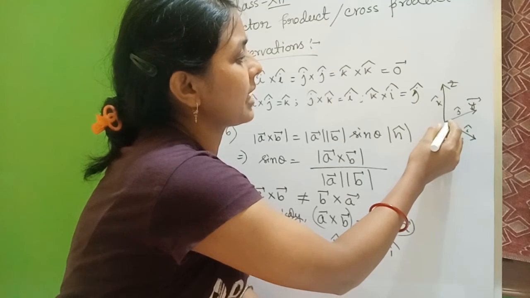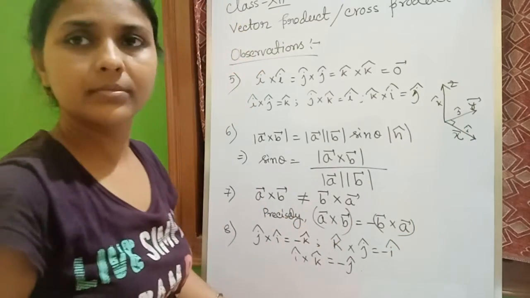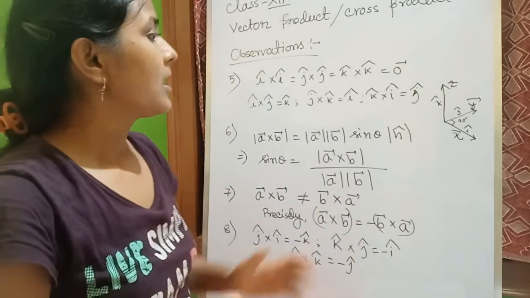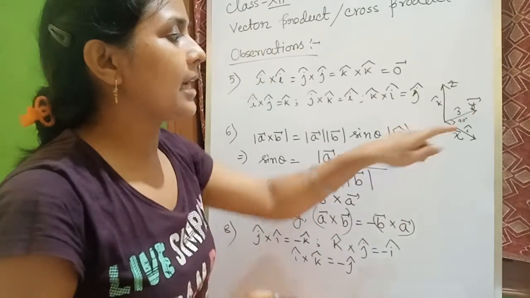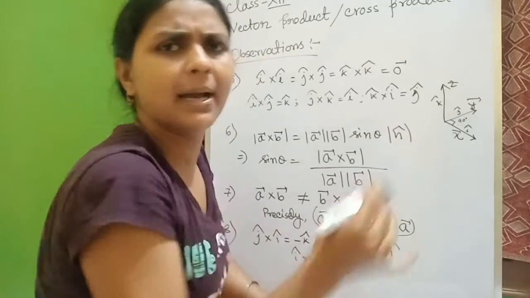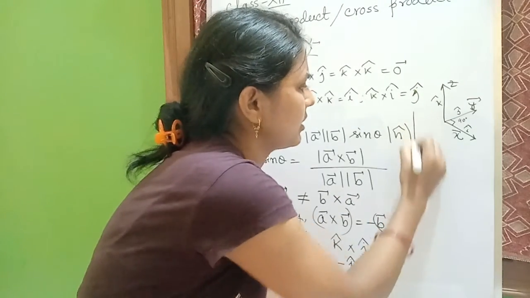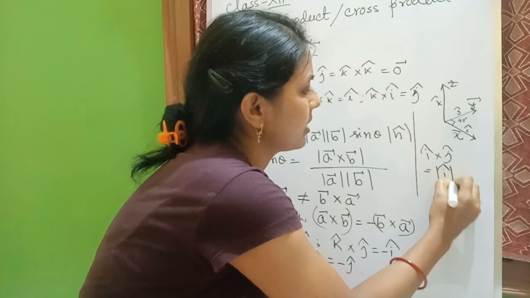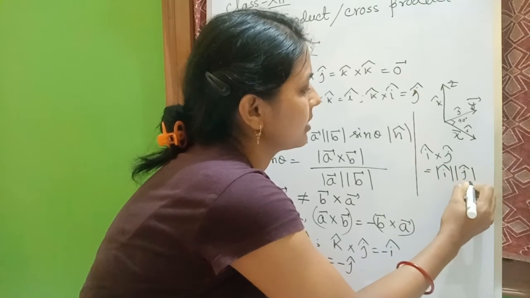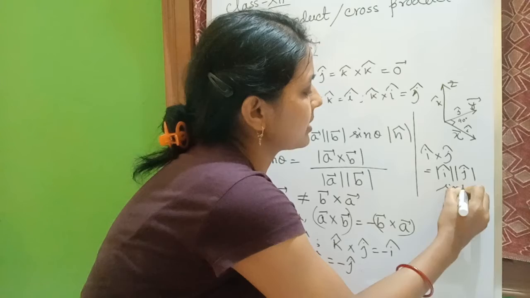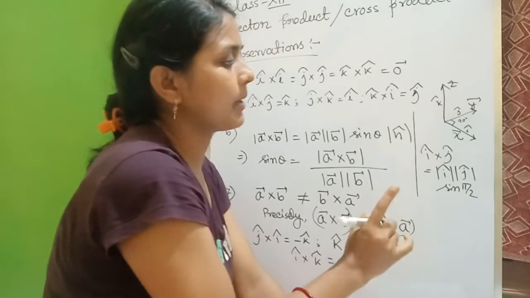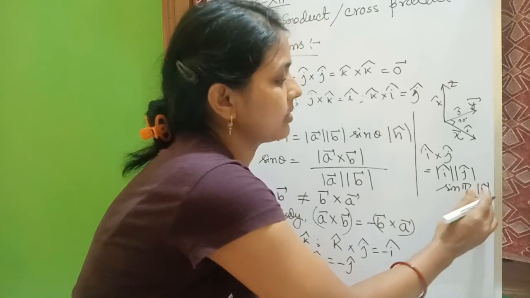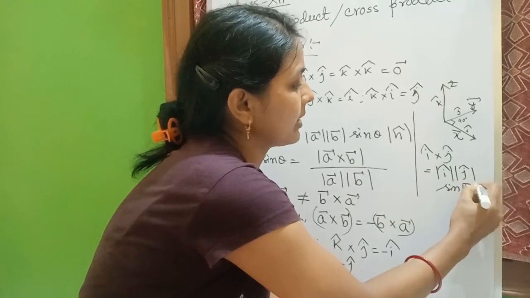You all know that this is 90 degrees. Now if we take I cross j, by the definition only, I cross j equals mod I into mod j into sine theta, that is sine pi by 2 here, and then n cap.